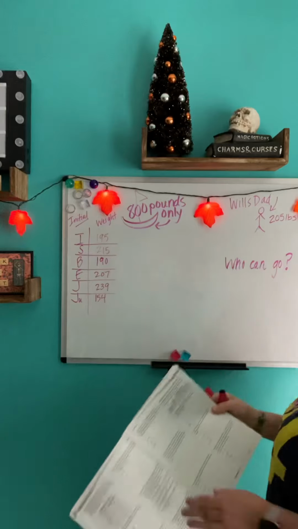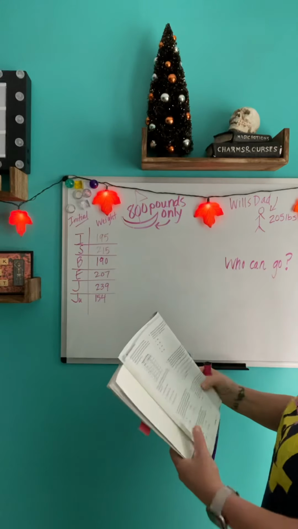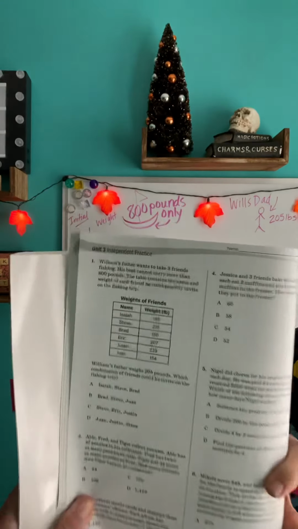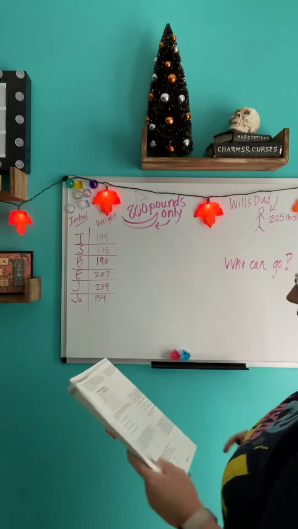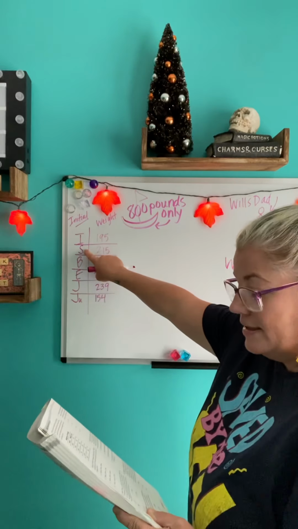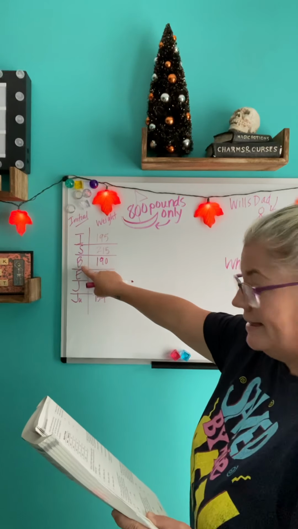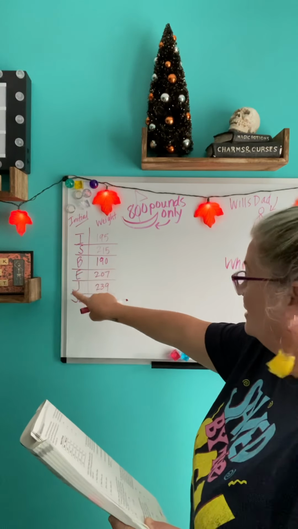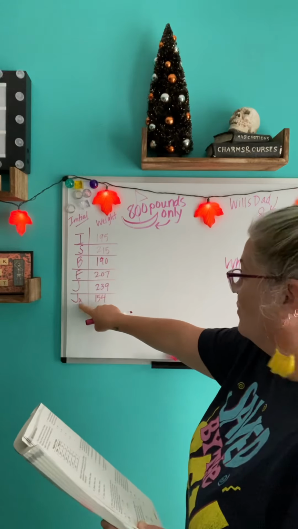So instead of making a chart in my notebook, if you have your book, you have their names. Isaiah, Steve, Brad, Eric, Justin, and Juan.